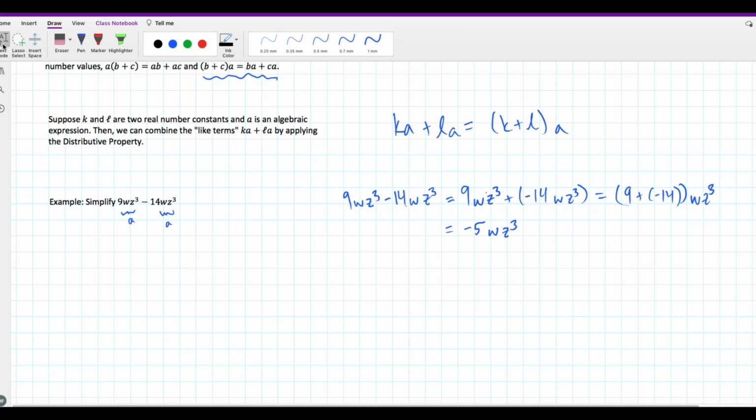Let's do one more example. And we'll use more properties than just the distributive property used to combine like terms. Okay, so first of all, let's use some fractions in here. It's been a while since we've used some fractions. So let's use x plus y, and then minus, let's make this one an integer.